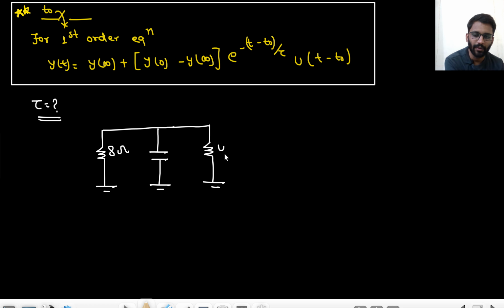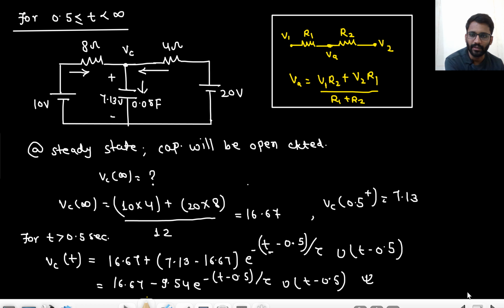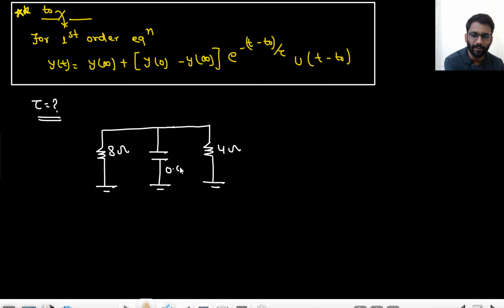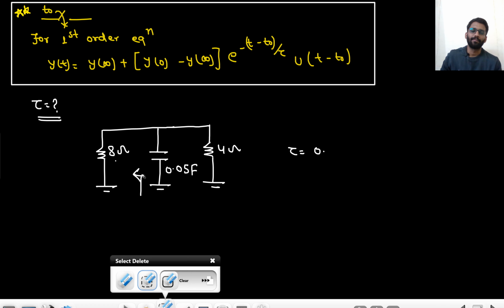So this will be your final circuit and the capacitance value is 0.05 farad. So what will be your tau? The 4 and 8 will come in parallel, right? If you see the equivalent from here, 8 and 4 will come in parallel.